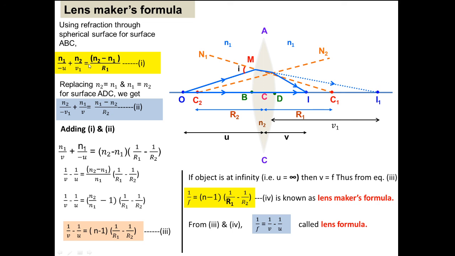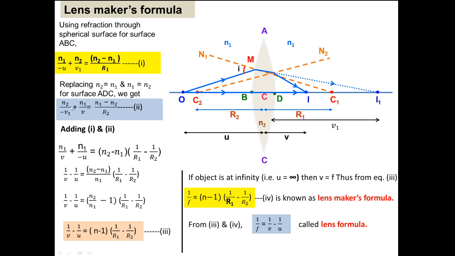Then equation 1 can be written as N2 by minus V1 plus N1 by V equal to N1 minus N2 by R2. We have just replaced. If we add these two, see here, N2 by V1 cancels out. So what is left?